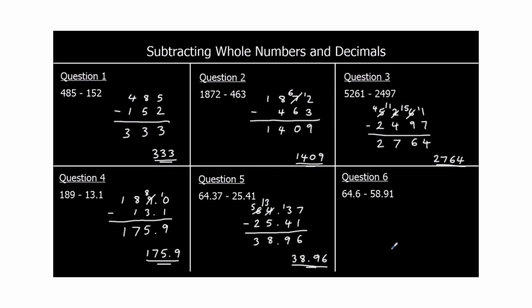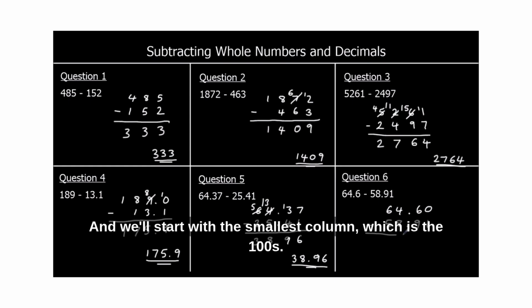Question 6. I've got 64.6. Take away 58.91. So 64.6 has got nothing in the hundredths. I'll add a 0. And we'll start with the smallest column, which is the hundredths.